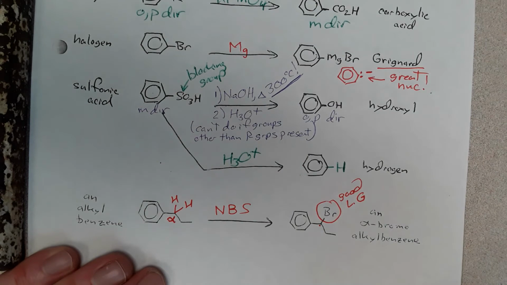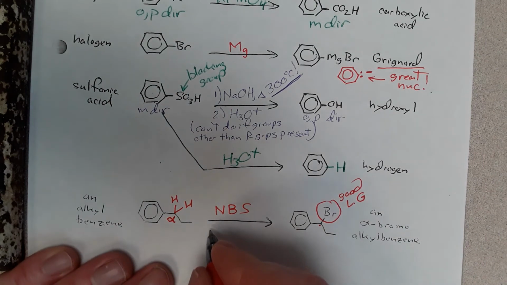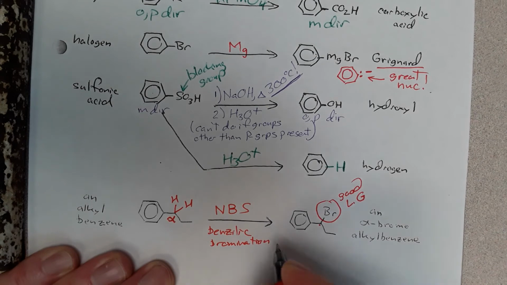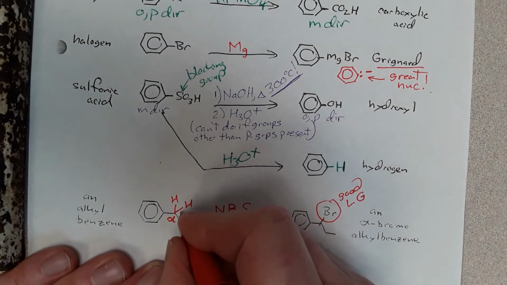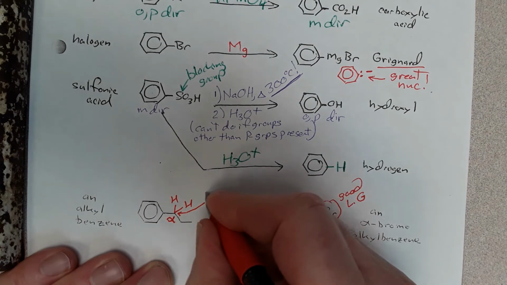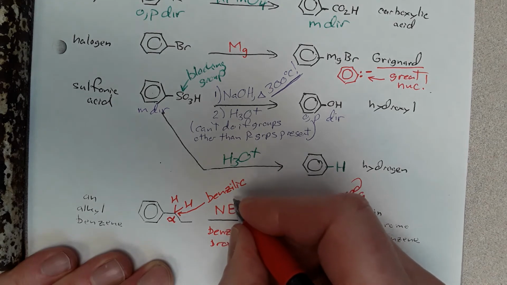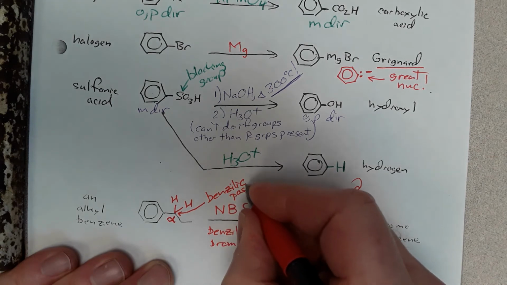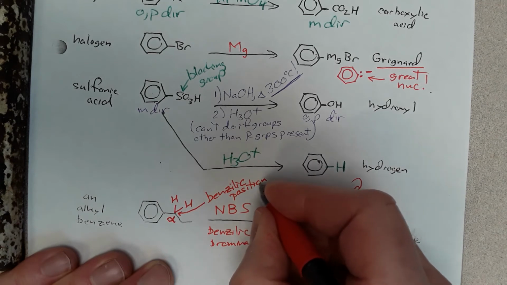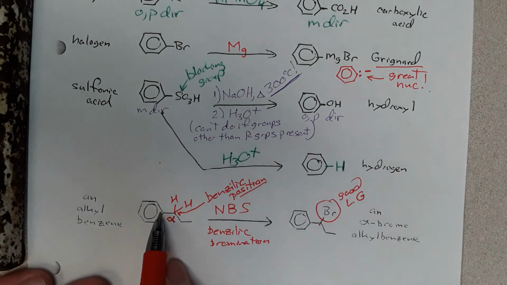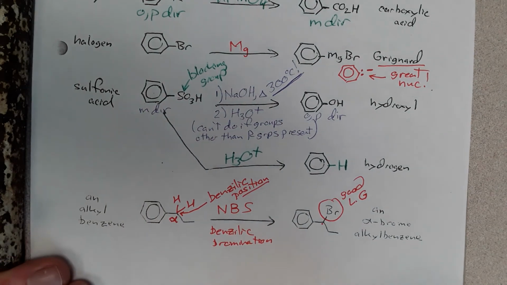And this is called benzylic bromination, because this carbon right here is the benzylic carbon, or the benzylic position. So when you hear about the benzylic position, that is the position on a chain, the one that's right next to a benzene ring.